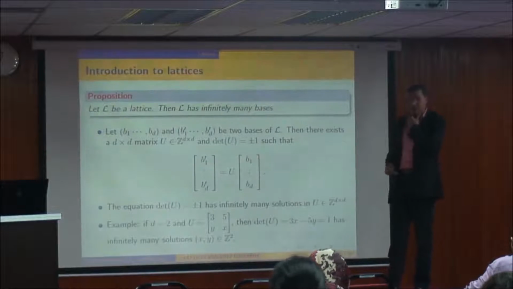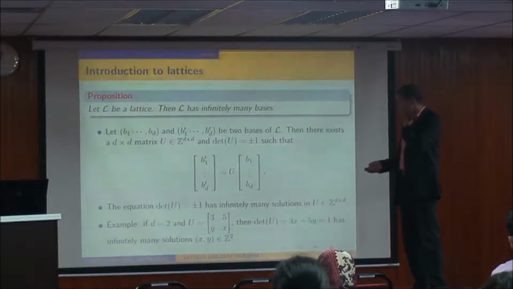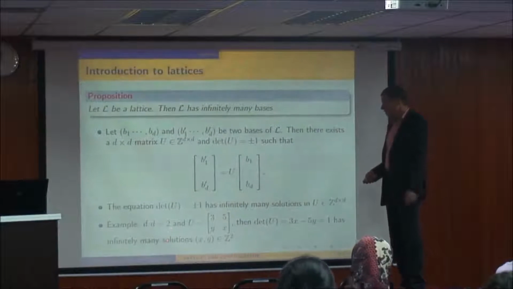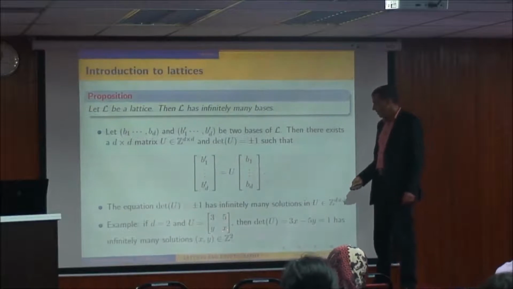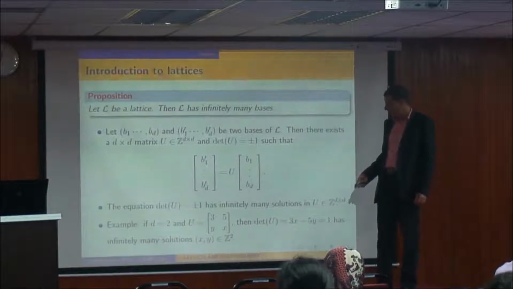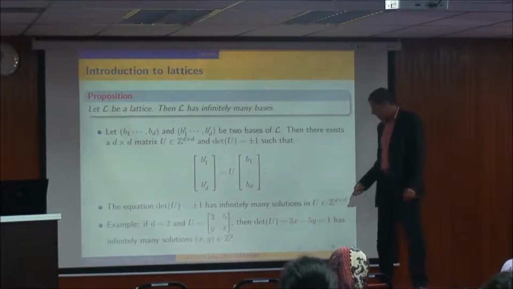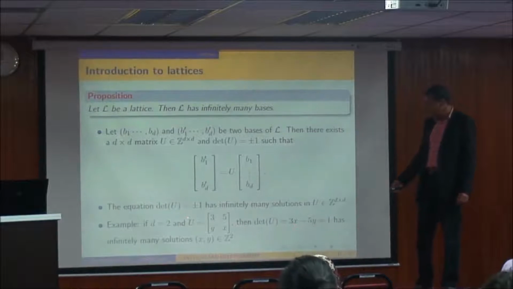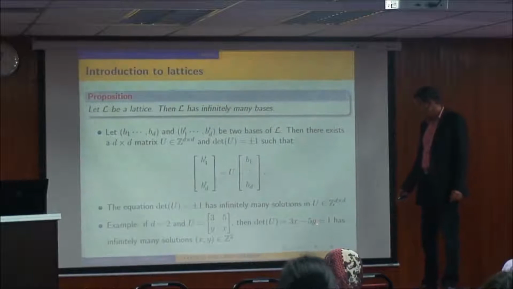We know that a lattice has infinitely many bases, and the proof is like this. For example, if we take d equals 2 and U is (3, y; 5, x), we need to find some integers x and y such that 3 times x minus 5 times y is equal to 1, because the determinant of U is exactly 3 times x minus 5 times y.